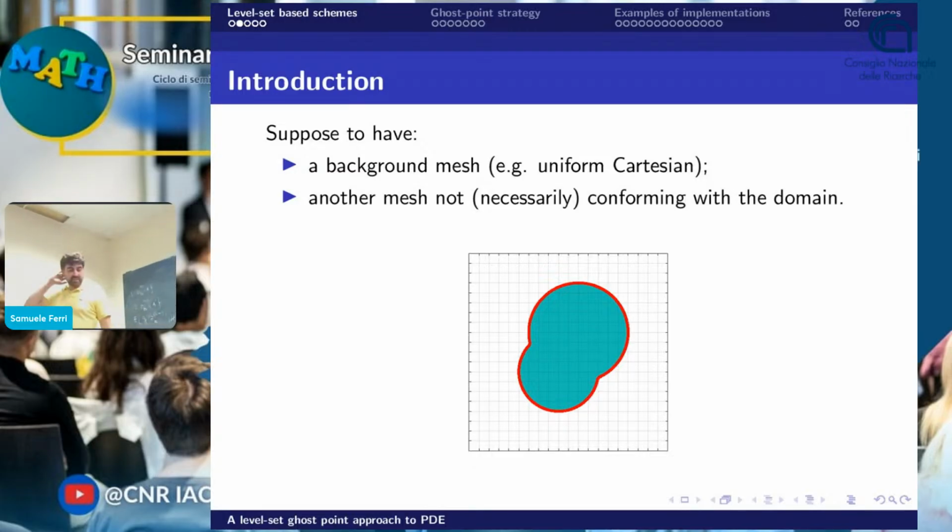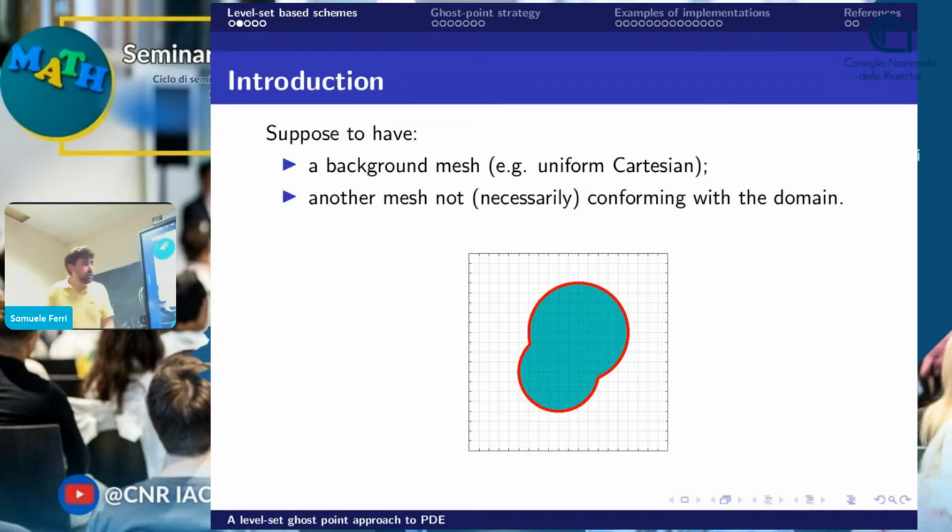So the basic idea of the level set method is to solve PDEs on domains that are not necessarily conforming with the Cartesian grid we are using. Suppose we are in this situation. The white grid is the Cartesian grid we are using, but the domain of our problem is actually the red line.